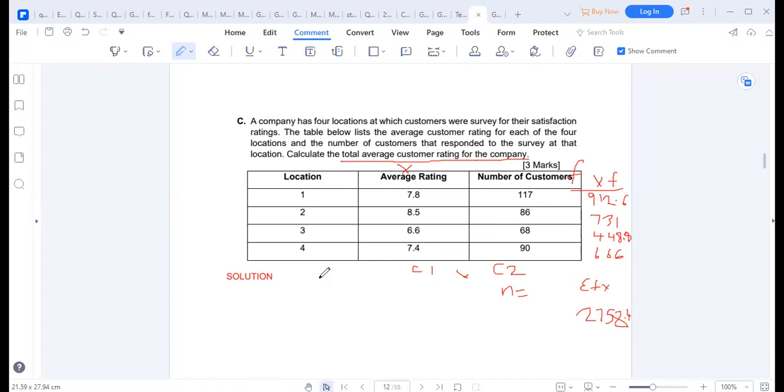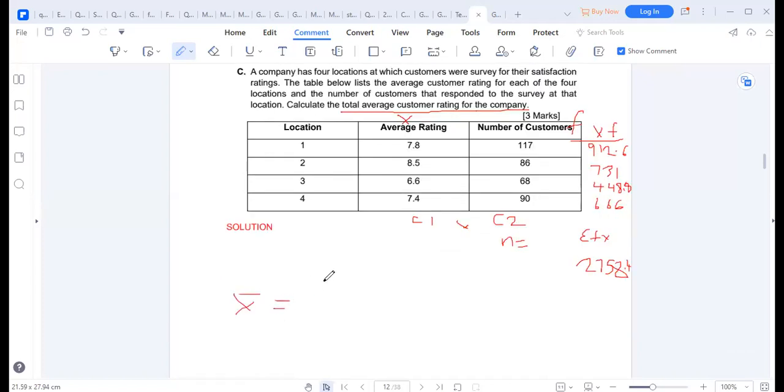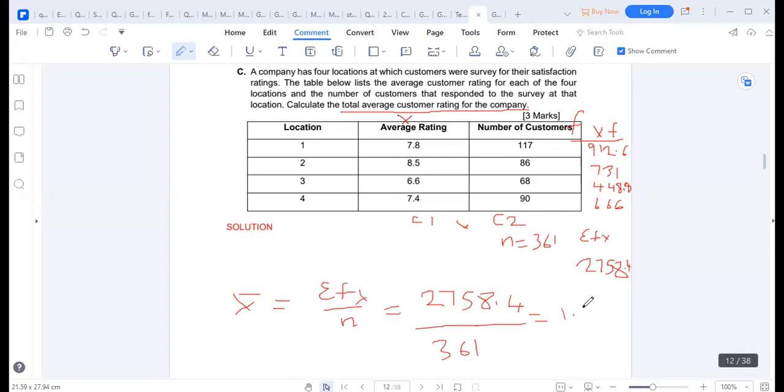And our frequency total is 361. So when you divide 361 into 2758.4, what do you get? 7.64.